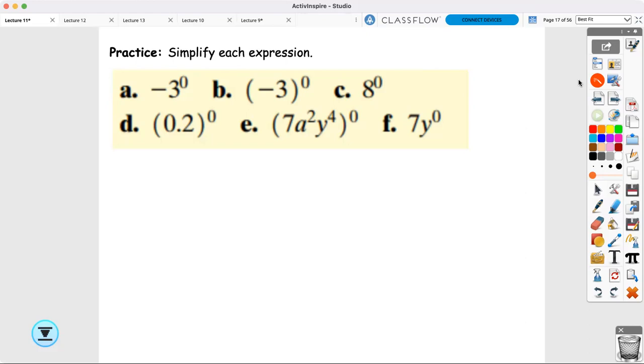Are there any questions on the work for D before we move on? Those parentheses definitely make things a little clearer for us, to understand that 0.2 is the entire thing being to the 0 power. Let's see how you do with E.